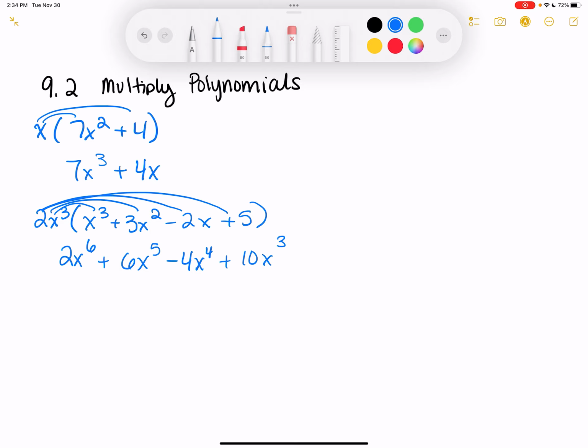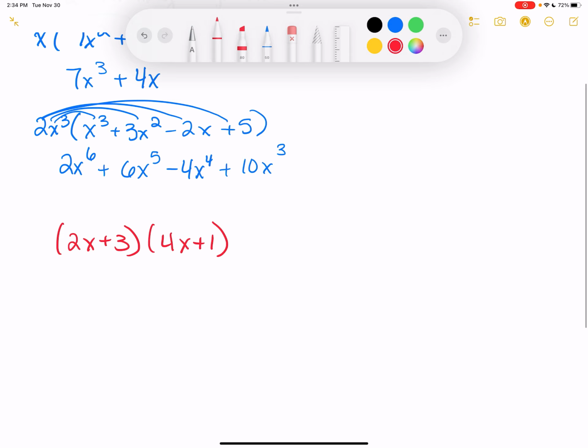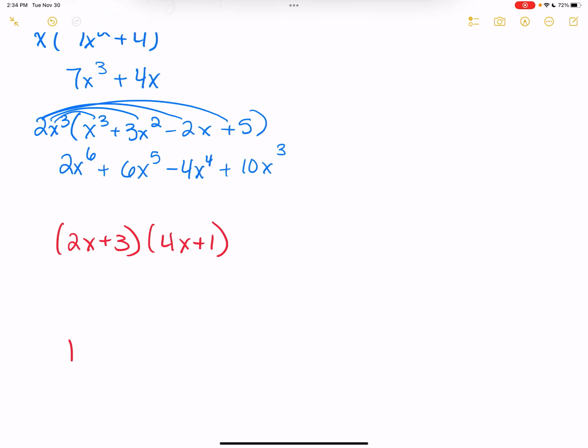all the way out to something like 2x plus 3 times 4x plus 1. Now, I'll come back to that in just a second, but this is going to follow a method called foiling.